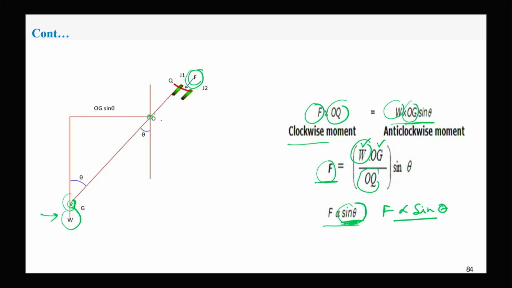If sin theta increases at a constant rate, the increase of sin theta will be constant. So that's why we can maintain this instrument at a constant rate of loading. This works on the constant rate of loading principle, because due to the design of the instrument, as theta increases in such a fashion, the sin theta increase will be at a constant rate.